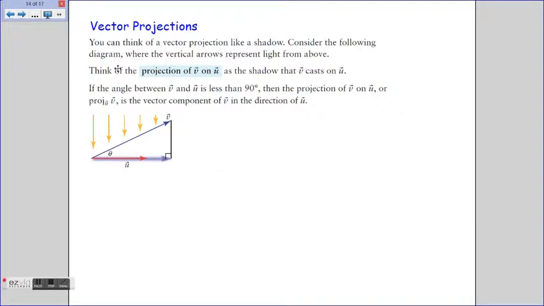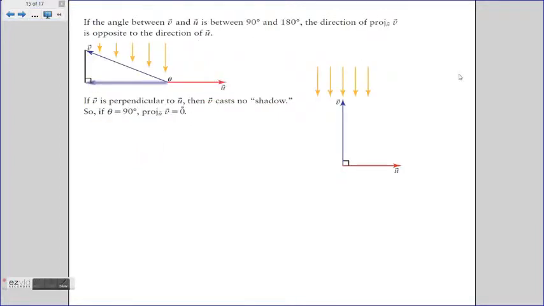Okay, so if the angle between U and V is less than 90 degrees, then the projection of V onto U, or we would also use this notation, proj subscript U of V, is the vector component of V in the direction of U. So the projection is in the same direction as U. Now let's look at the case where theta is between 90 and 180 degrees.